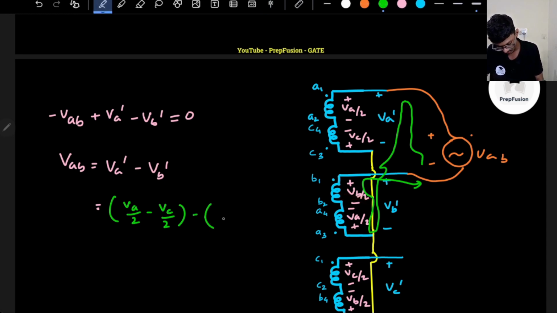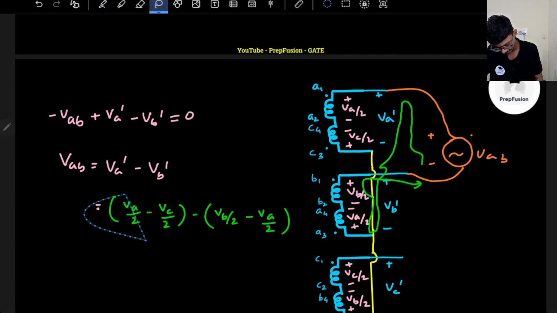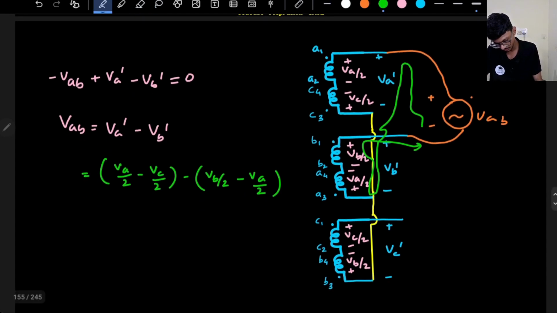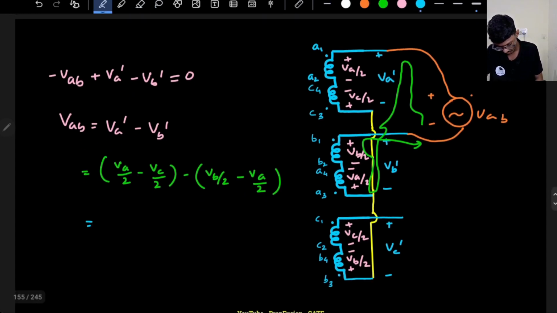So this will be minus of VB by 2 minus of VA by 2. So this value will be basically VA by 2.